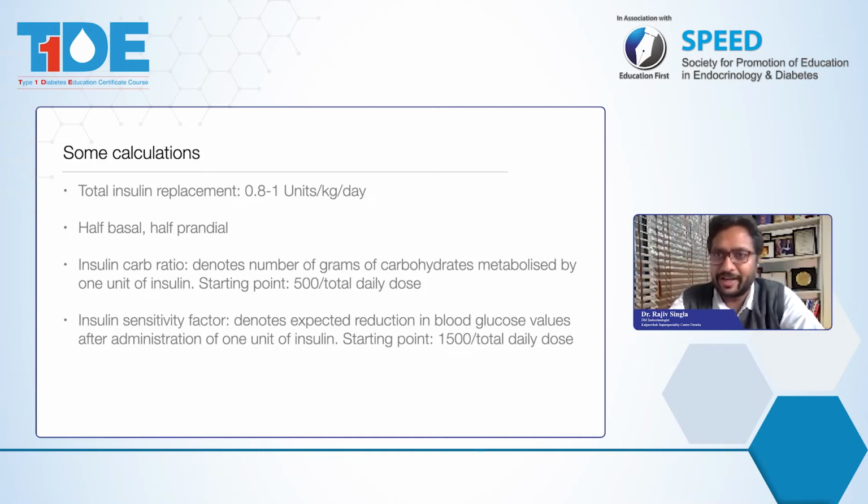Then that's all right, I can go ahead and start with the same units that I'm taking. But if my baseline units are, say, much more than required, for example I'm taking 1.5 units per kg per day right now, then perhaps we should take the total daily dose as 0.8 units per kg per day.